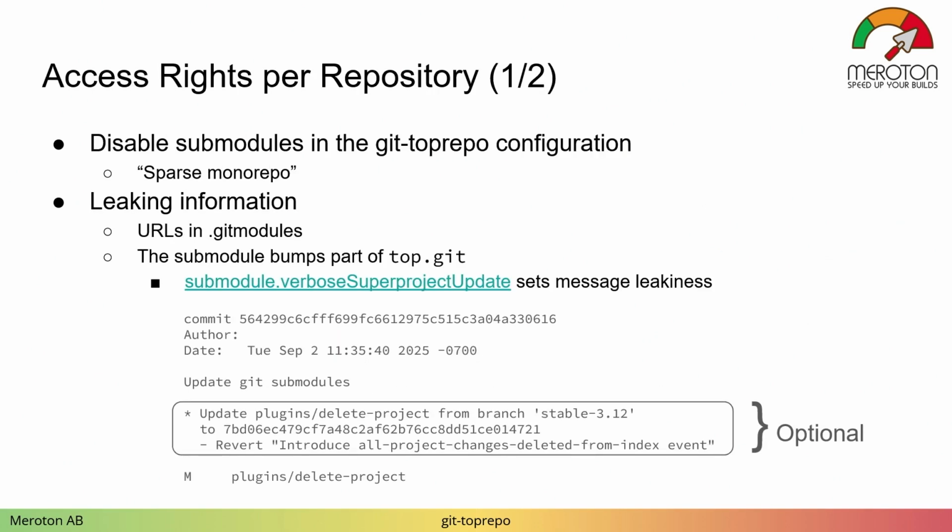Access rights, Gerrit can leak information like this. Maybe not everyone should see that, or maybe it's fine in your company, it depends. There is a configuration to set this verbosity, but you will always see what project has been changed or not. It's a global configuration, as far as I know, unless it has been changed.